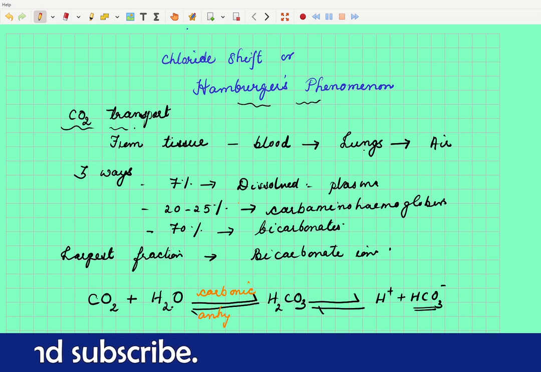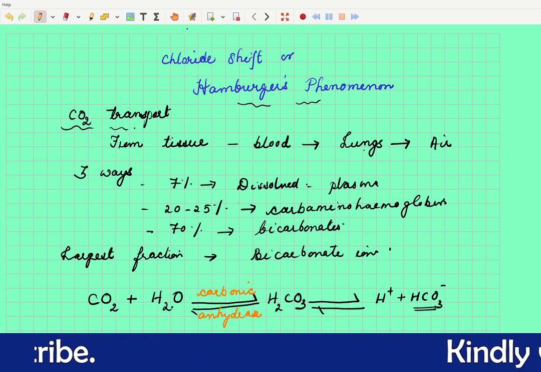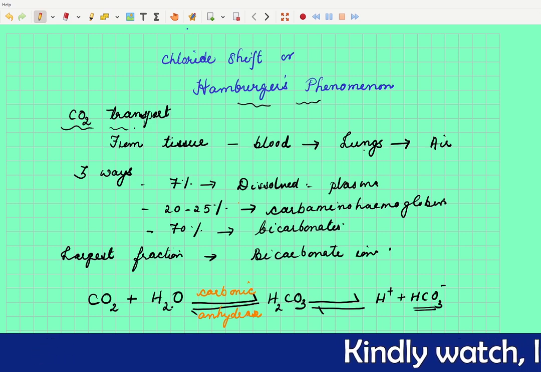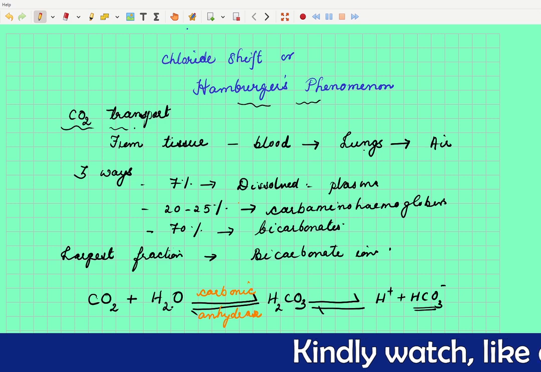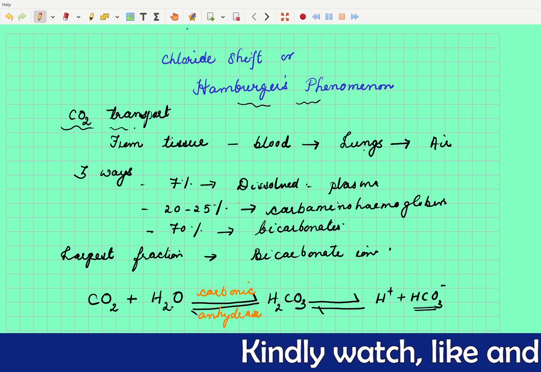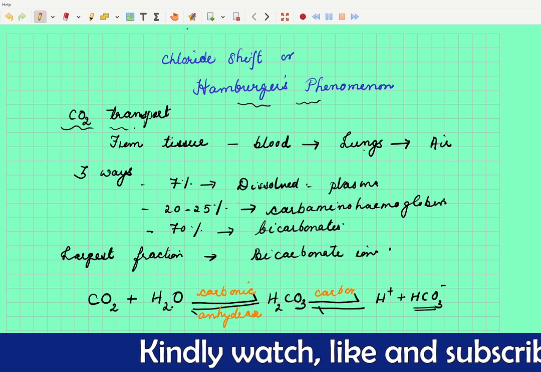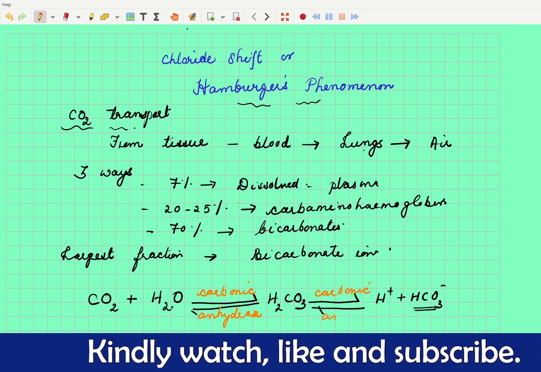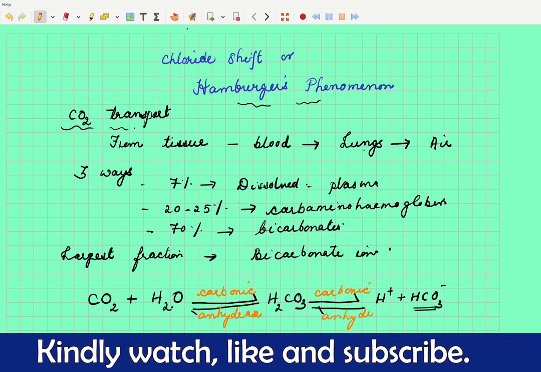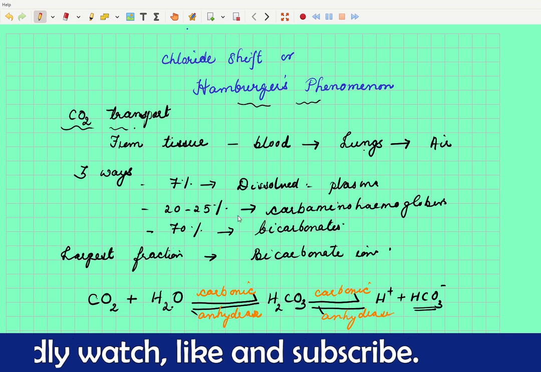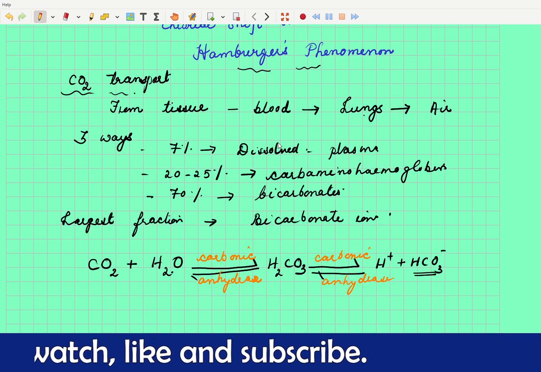This enzyme is very important for converting carbon dioxide and water into carbonic acid, H2CO3, which is again converted into H plus and HCO3 minus ions. For this also, the carbonic anhydrase enzyme catalyzes it.